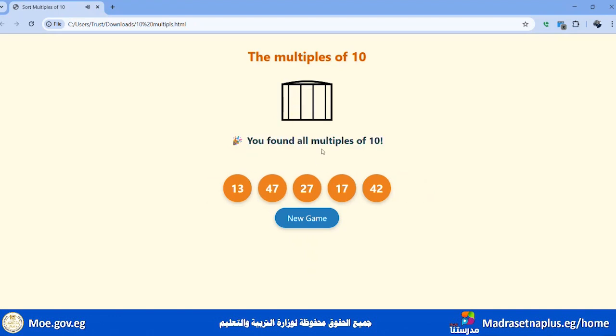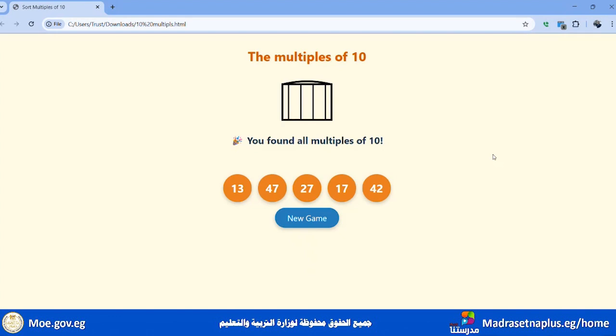So you found all multiples of 10. You should know any number whose ones digit is 0 is a multiple of 10, while any number whose ones digit is 5 or 0 is a multiple of 5.